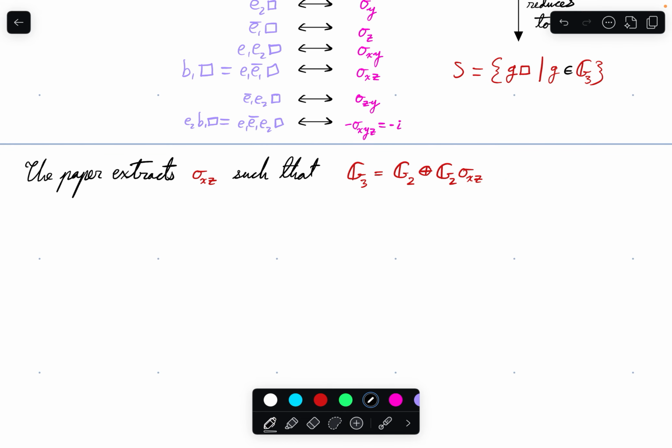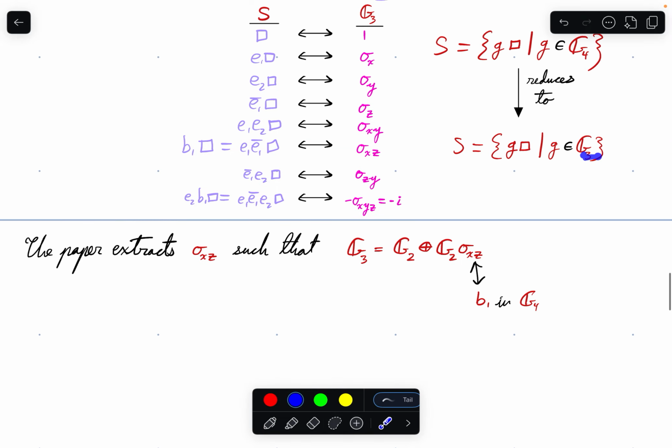And just to reinforce the idea here, this sigma xz is equivalent to B1 in G4, because even though we're saying it's G3, we're not actually in G3 here. It's just isomorphic to it. But we can use the fact that it's isomorphic to factor everything.